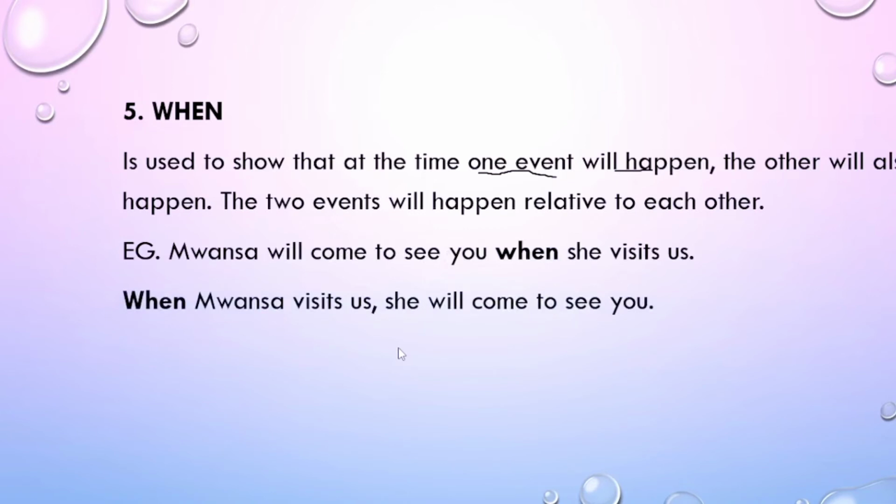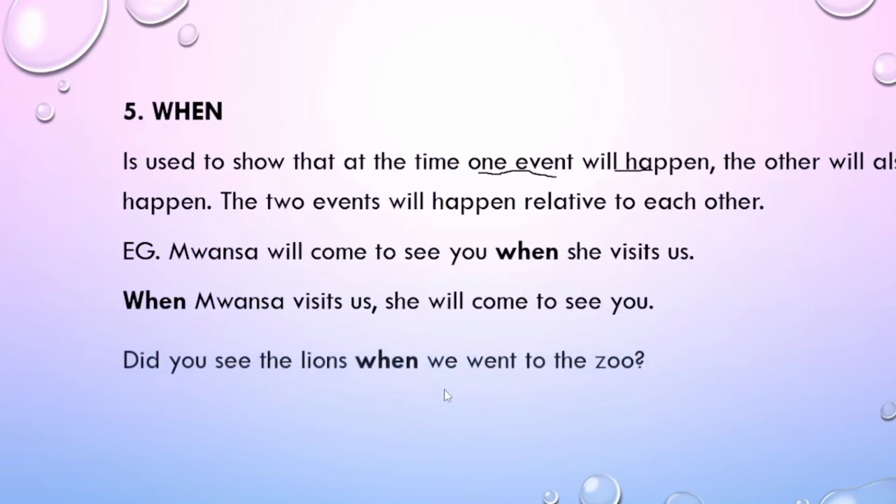When Mwansa visits us, she will come to see you. Meaning, at the time Mwansa will visit these people, that is the same time Mwansa will come to see this person. I hope we are together.